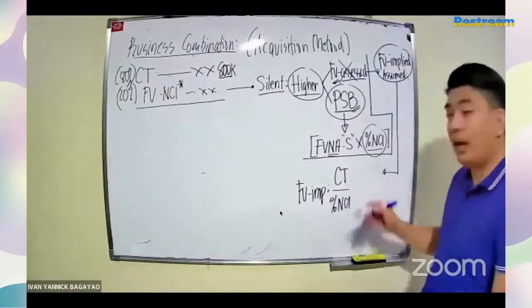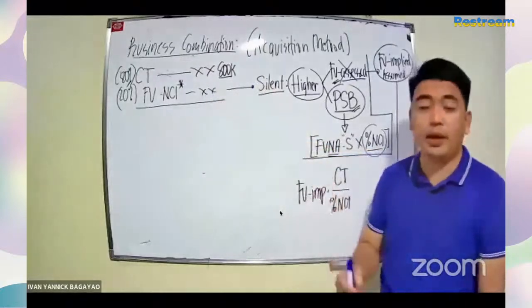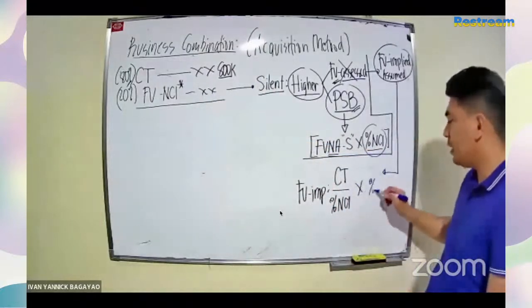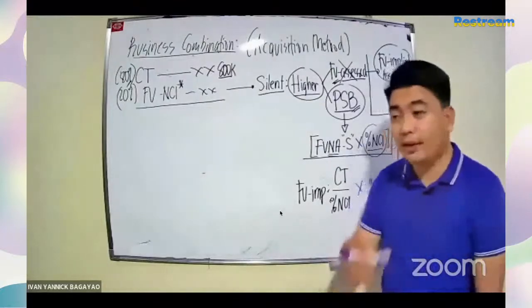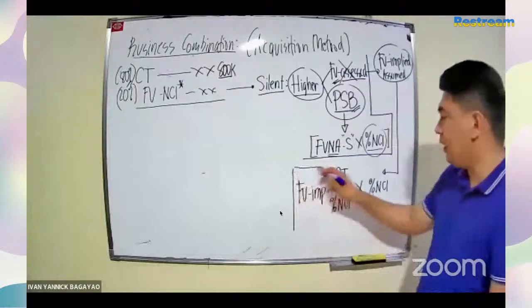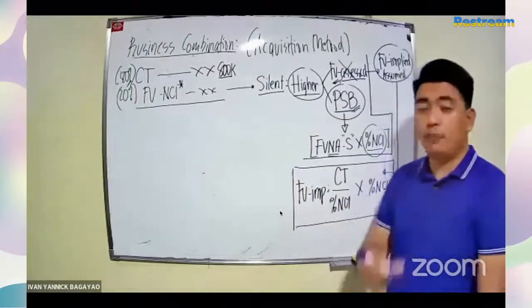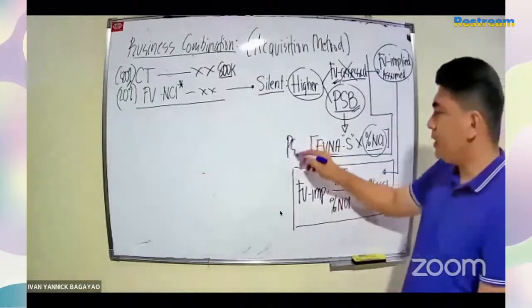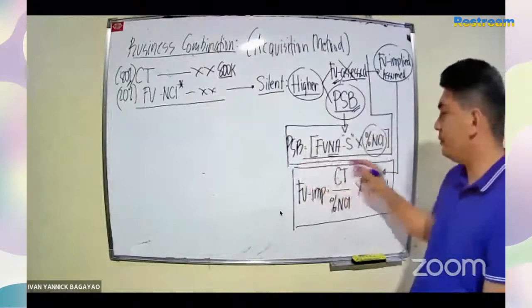Okay? The gross up value mo na siya. So, 800,000 divided by 0.8, that's 1 million. Okay? Then, multiply this by percentage of non-controlling interest. Say, for example, 20%. So, may 200,000 ka na FV implied. This is how to compute the implied or assumed fair value. Okay? Ito naman yung PSP. Again, whichever is higher sa dalawa.